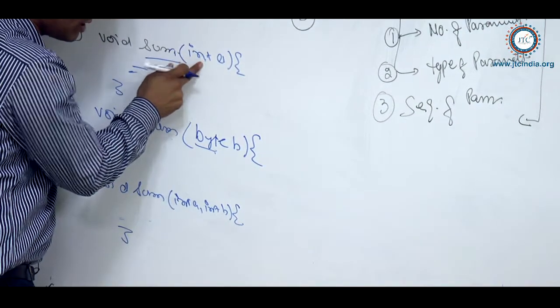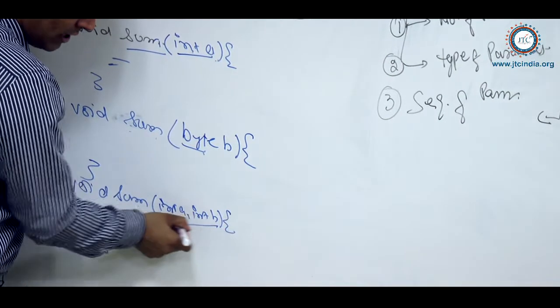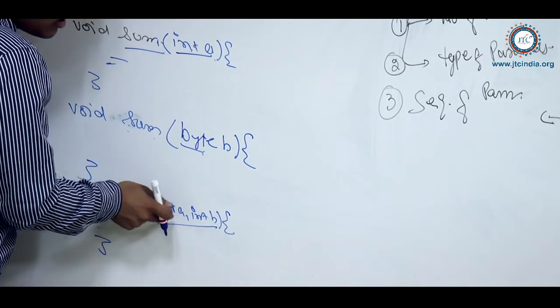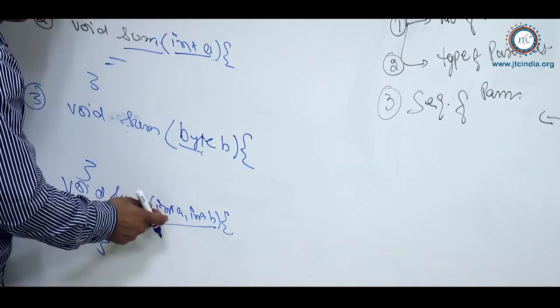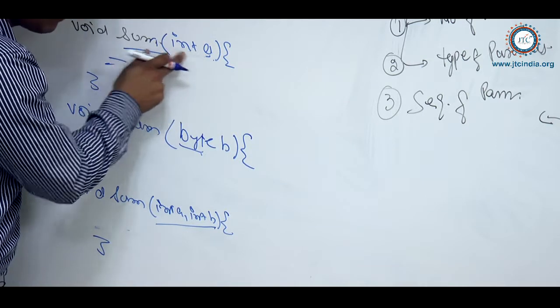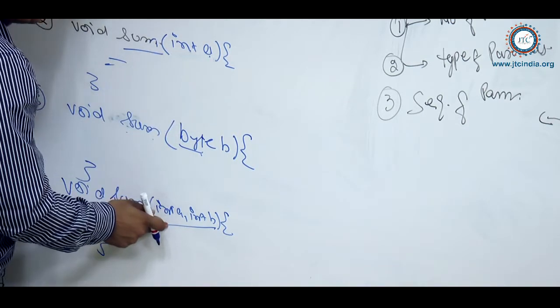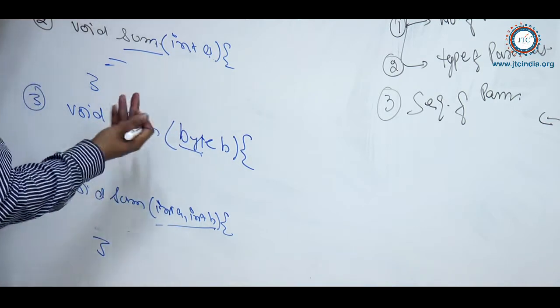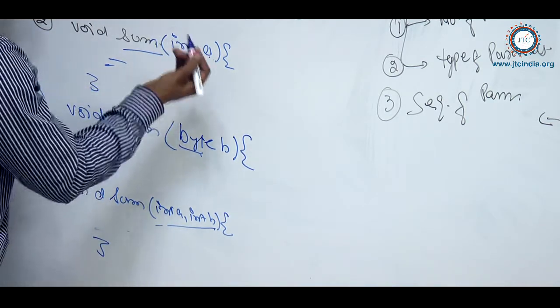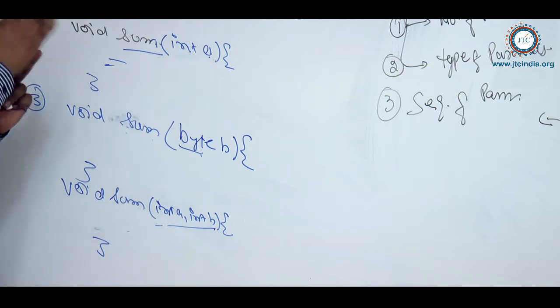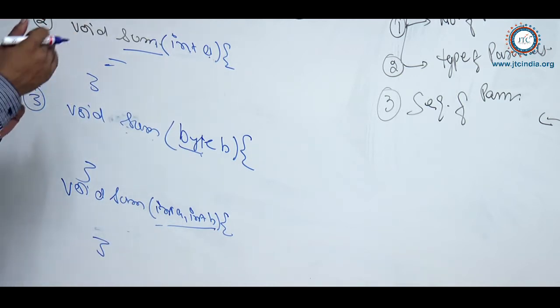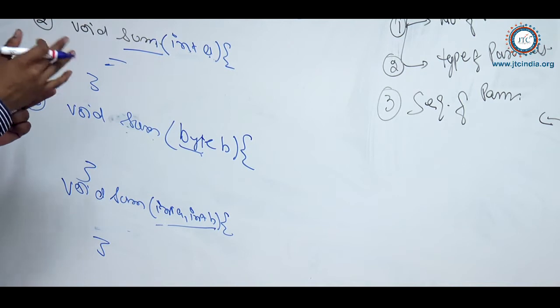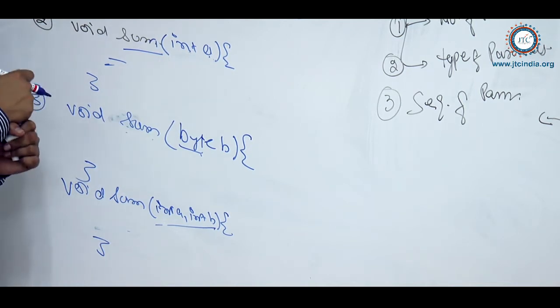Here also an int parameter is there and here also, but the number of parameters gets changed. Here it is one parameter only and here we have two parameters, right? Similarly, if you are writing one more method, the sequence of parameters also can be changed. If the type of parameter is the same, we can change the sequence of parameters also, right?